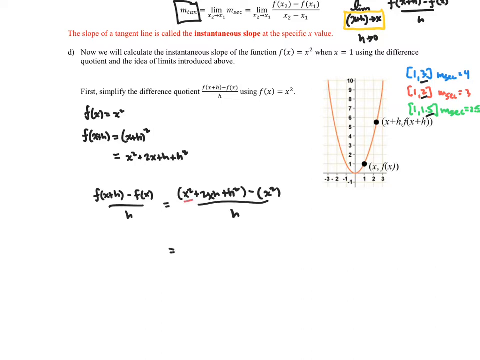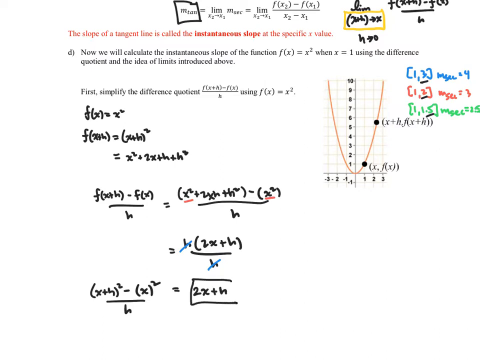As I combine like terms, you'll see the x squareds reduce. And I'm going to factor out an h from what is left over. So that'll leave 2x plus h in the numerator times h, and h in the denominator. So we'll see that the h's reduce. Therefore, the difference quotient is equivalent to 2x plus h. So x plus h squared minus x squared over h, which is the difference quotient for f of x equals x squared, reduces to this.